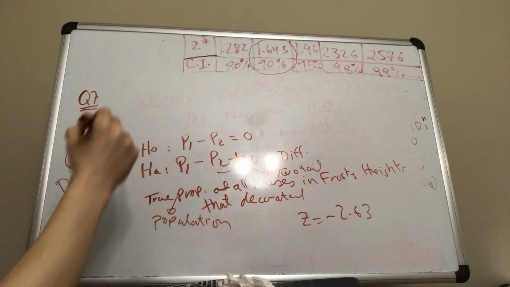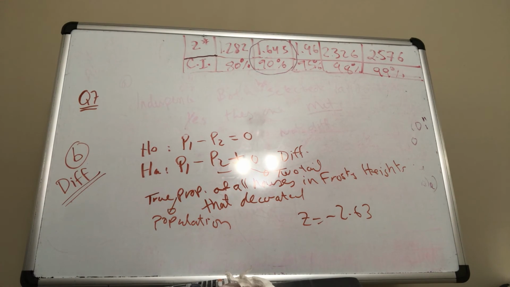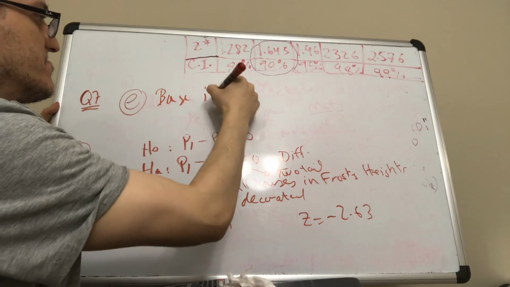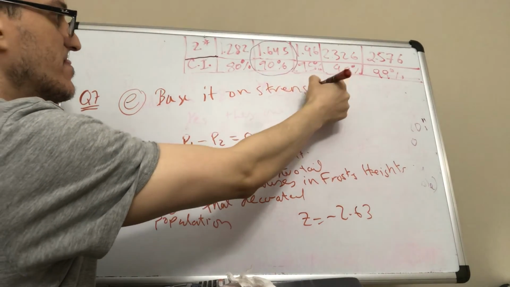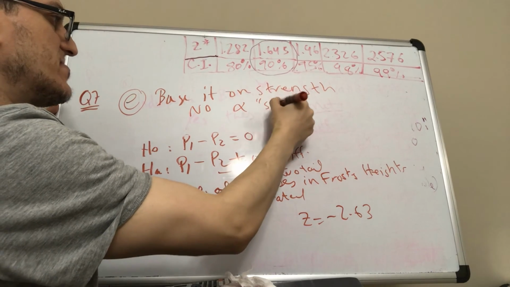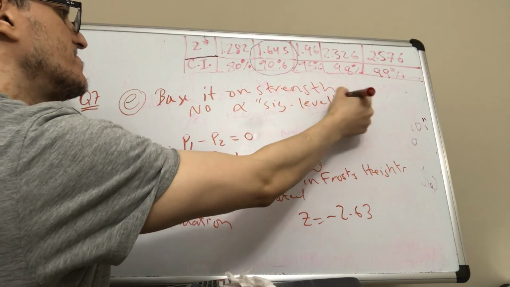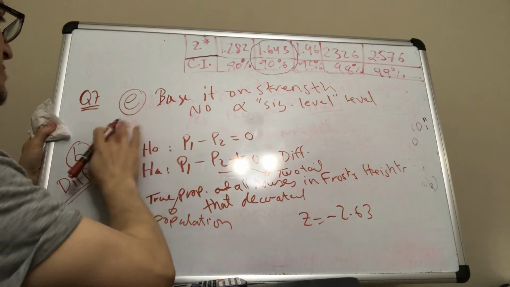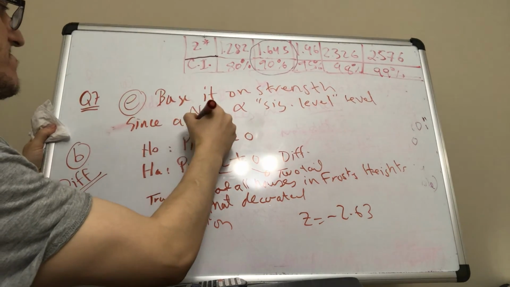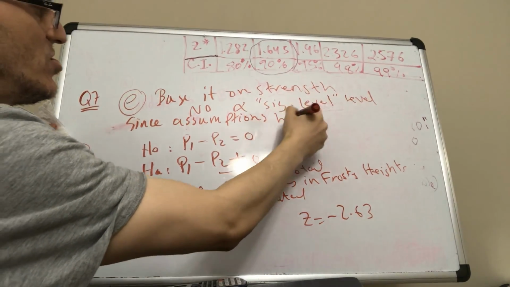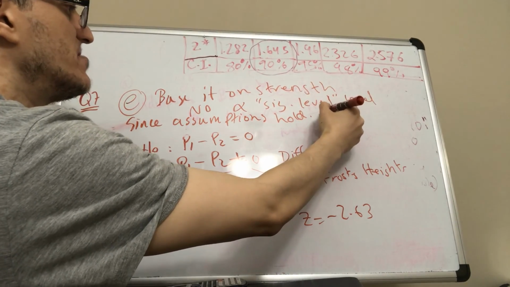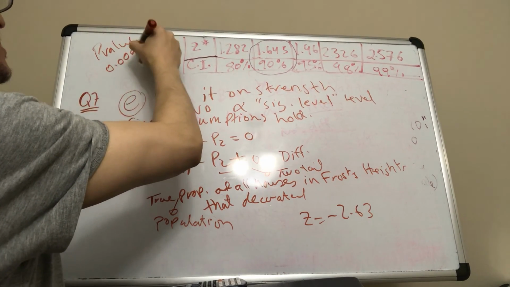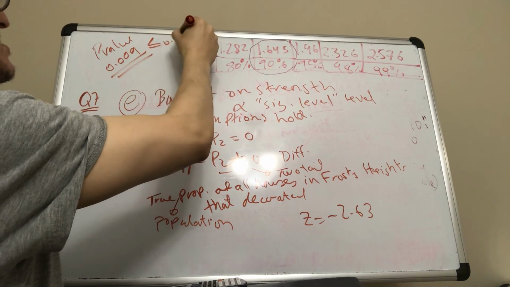We have to base the conclusion on strength. So we start by saying, since assumptions hold or are satisfied, your p-value given in Minitab is 0.009. So that's less than 1%.